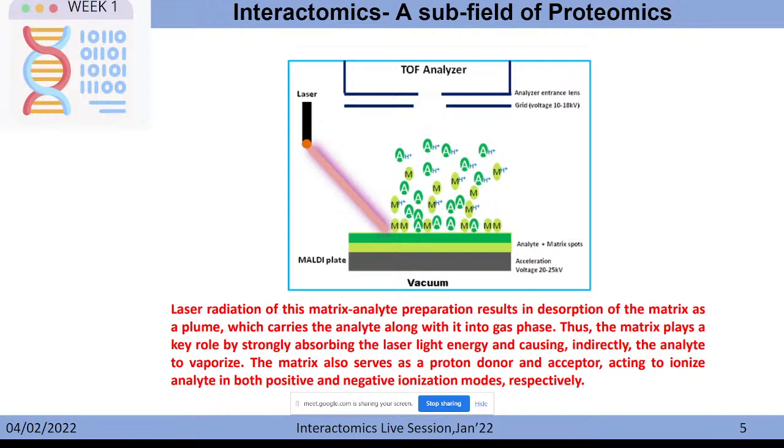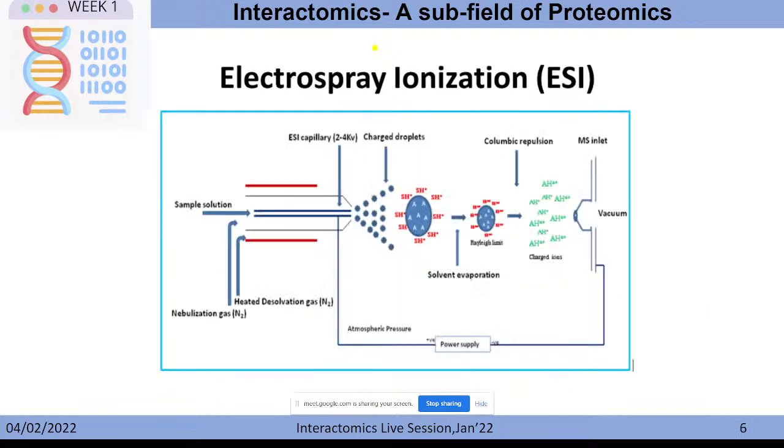After ionizing, in the analyzer, you can detect those ions, and then you can understand which molecule it has come from. So this is one. Another technique which is generally used is electrospray ionization.